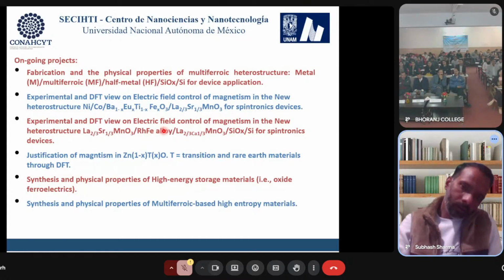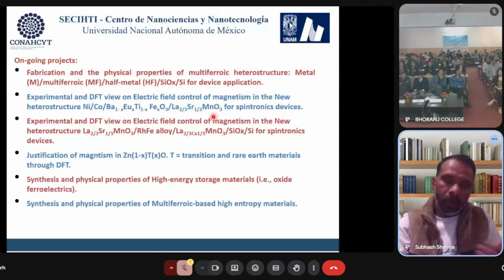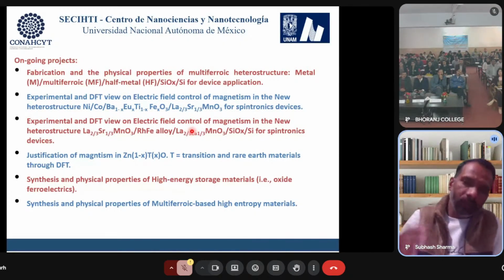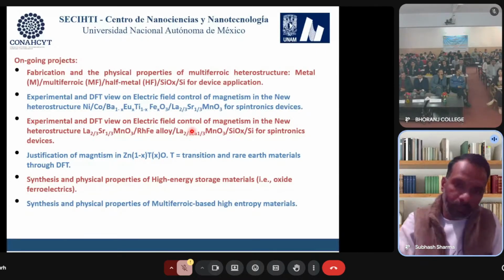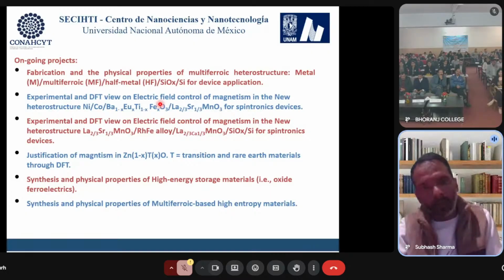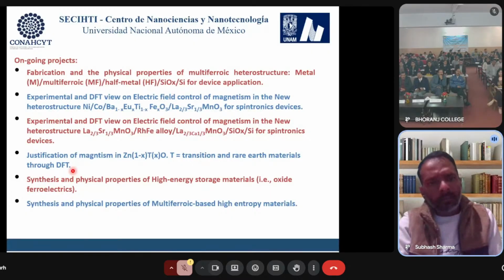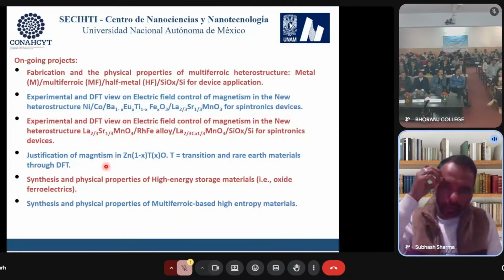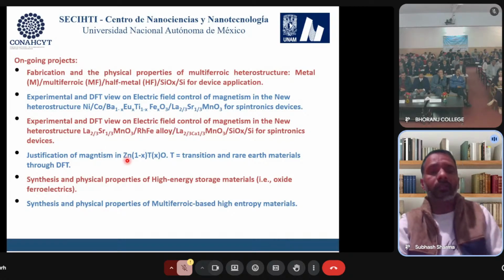In these two structures, we are trying to control magnetism using an electric field, because controlling magnetism by a magnetic field needs more energy. Now we need new next generation devices based on low power consumption. If we can control magnetic spin by electric field, we can go towards spintronic devices. Some students are also working on zinc oxide by DFT, because in zinc oxide, magnetism is a controversial thing.